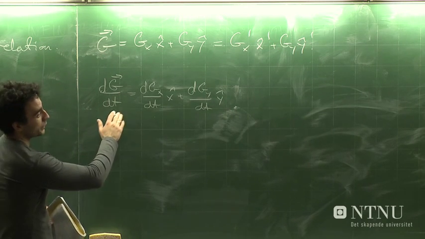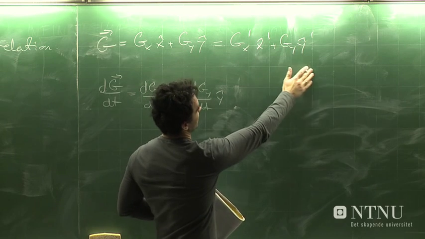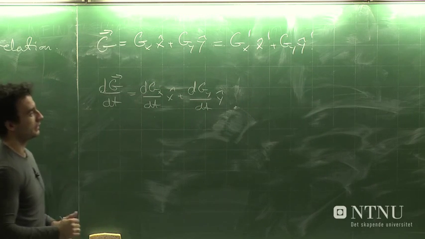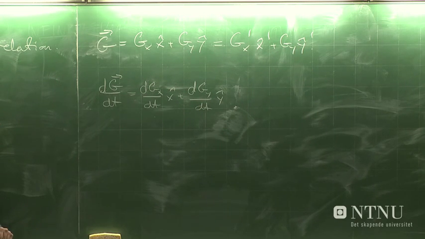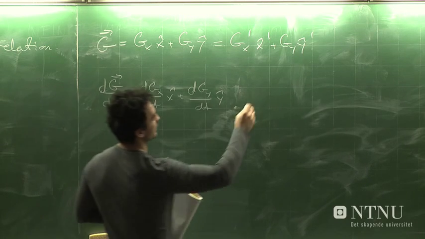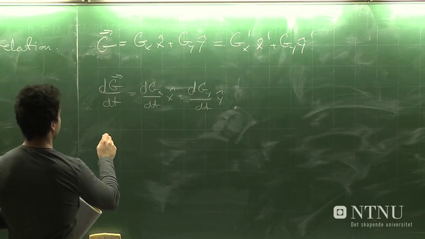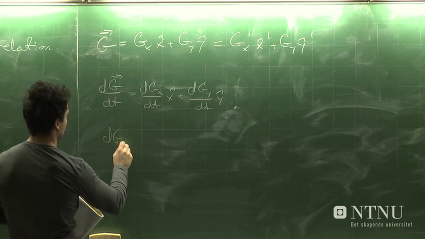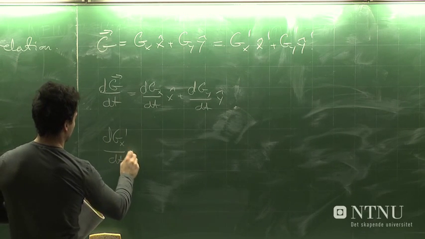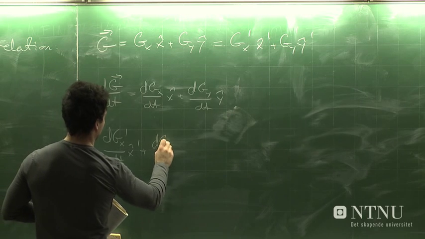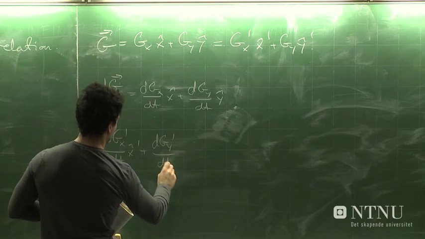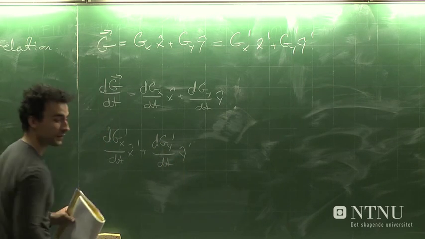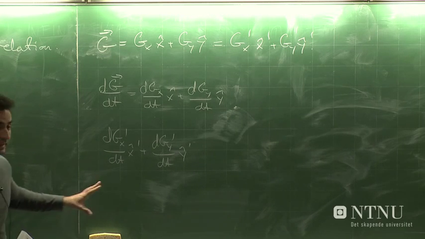However, when we derive this equation here, as seen in the fixed stationary system, should be a prime here, by the way, I get this, but now I get an extra term.